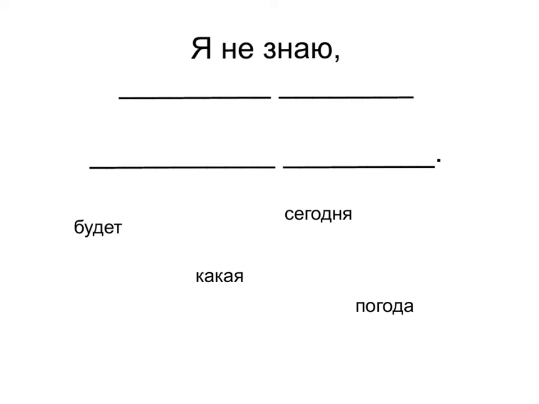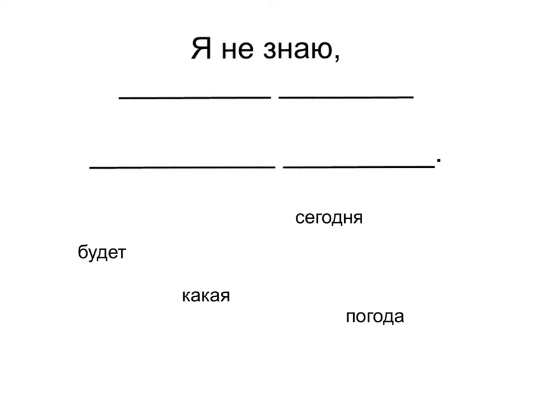When we have answers to questions with question words, the word order is a lot easier than when we have li in the answer. So here we have, will be what kind of weather today? So that we are answering the question, what will the weather be today? I don't know what the weather will be today. In this instance, all we have to do is put the question word first.